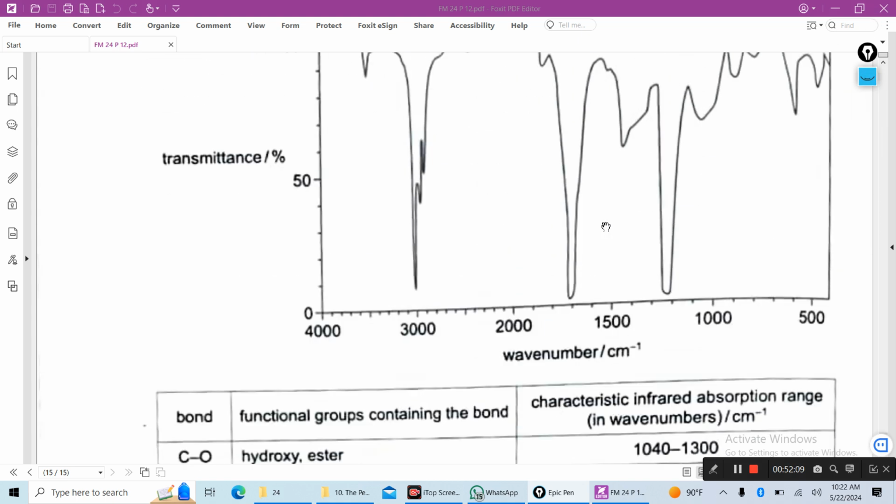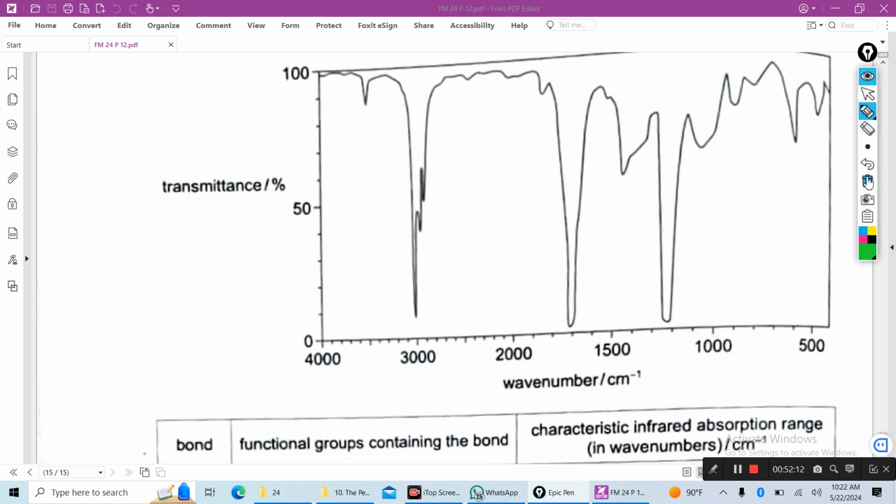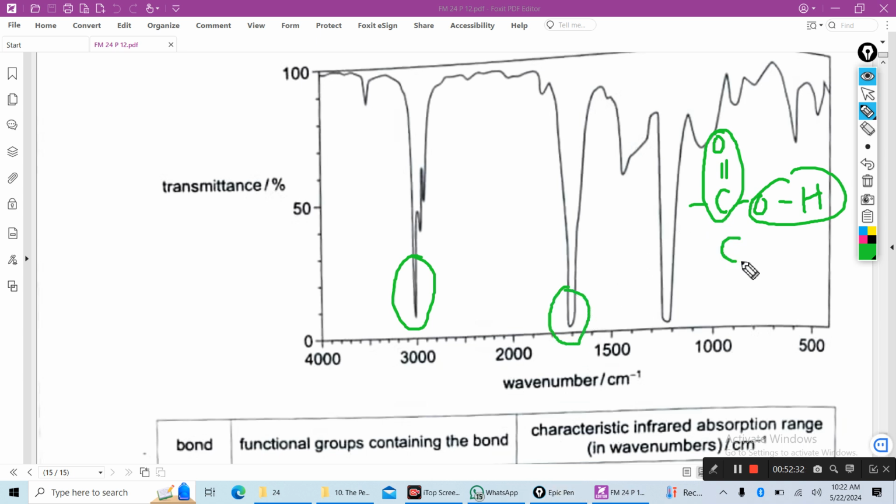You see, carboxylic acid, C double bond O, OH. OH peak is this peak, C-O peak is this peak, and C=O this peak. So these 3 peaks suggest that this compound will be a carboxylic acid.